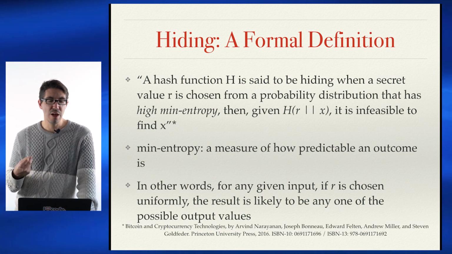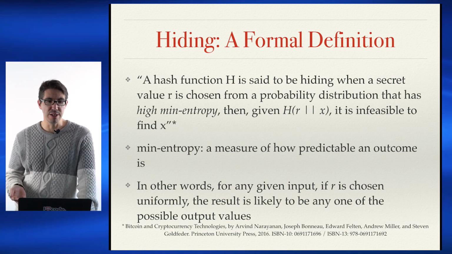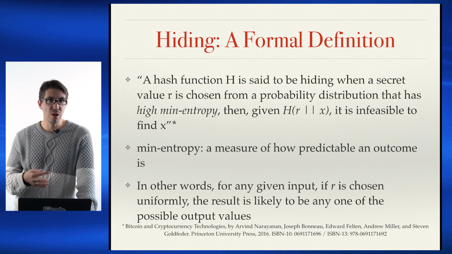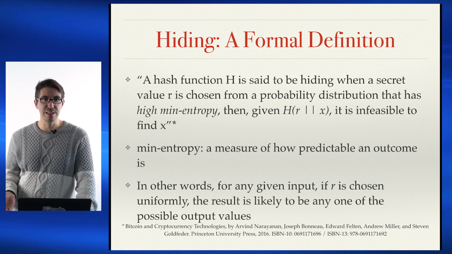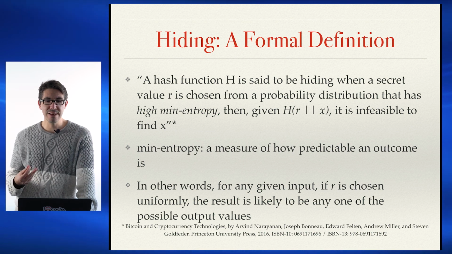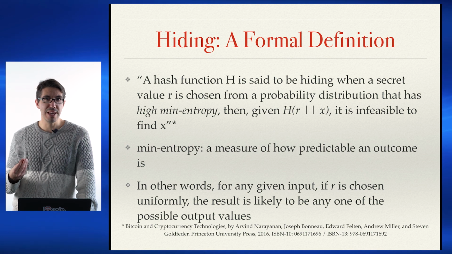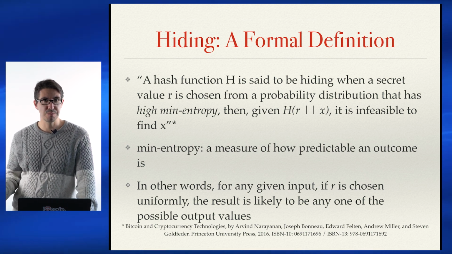In other words, if the value r is chosen uniformly, the result that we get from the hash is likely to be any one of the possible output values. That is, adding some additional data onto this will not make it any easier for you to understand what the resulting value is.